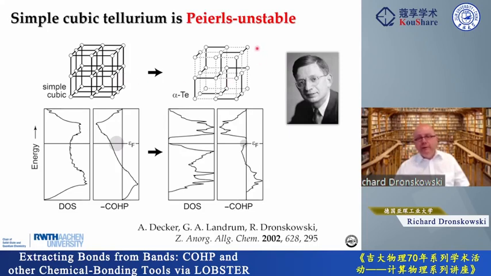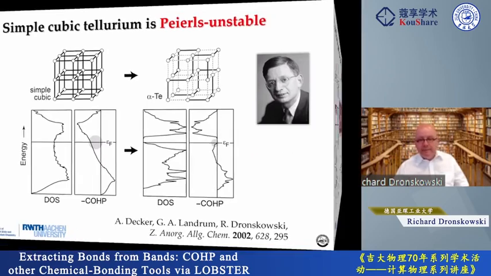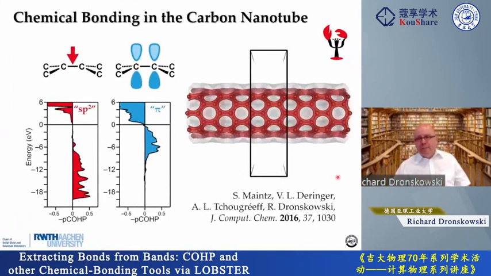And it turns out when you use a lot of pressure, you can press tellurium into the simple cubic structure, and then it becomes a metal, and it is strongly tellurium-tellurium antibonding. This is the reason why you need at least 15 gigapascals to force it into the structure. And if you release the pressure, you will have a band gap, and the antibonding states will be strongly reduced. So this is a three-dimensional Peierls instability suggested by Rudolf Peierls also in the 50s, and you can immediately show this through a chemical bonding analysis. This is something that could only be done with Lobster.